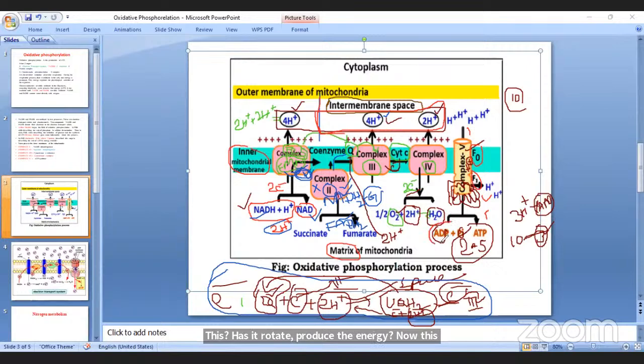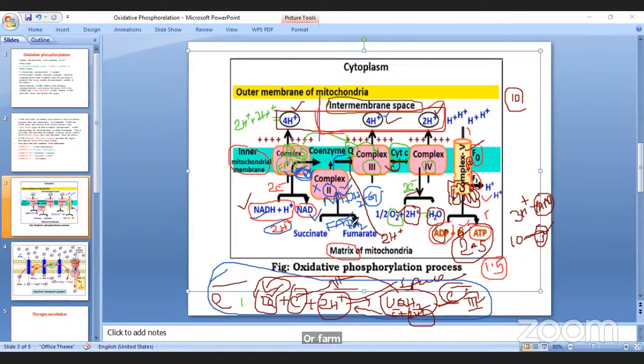Now ADP with phosphate is converted into ATP. So here, how many ATPs are formed? 2 ATPs, sir, if we remove complex 1. Actually 2, but according to the new version, only 1.5 ATP are formed.